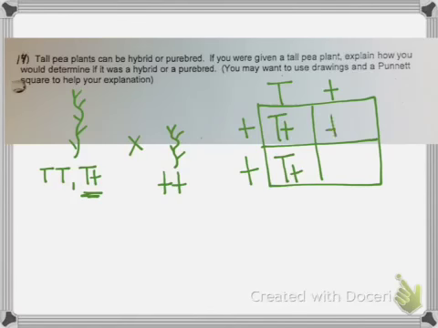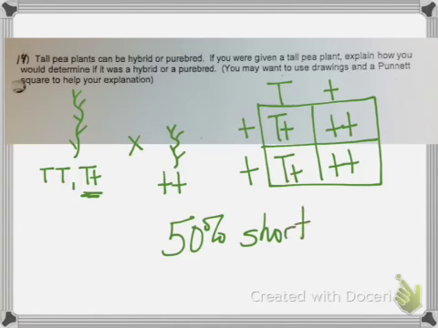then if we crossed it with the short plant, we would have a 50% chance of a short offspring. So if we crossed it 50 times or even 100 times, we would get about 25 offspring, if we only did it 50 times, that would be short.